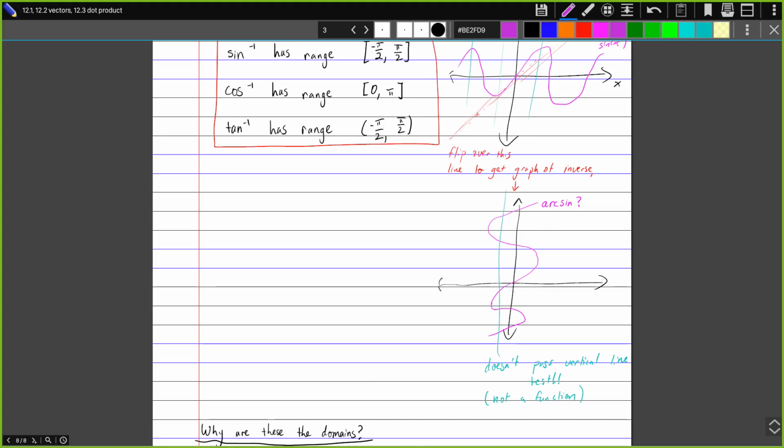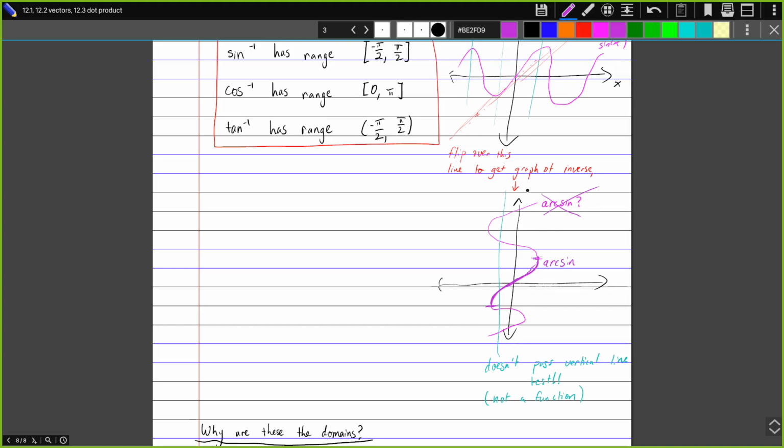So in this case, I'm going to restrict it to be right in here. This is the value of the arcsine. So this is arcsine. This is not arcsine. Arcsine is just the stuff between here and here. Now this curve just between here and here, that passes the vertical line test.